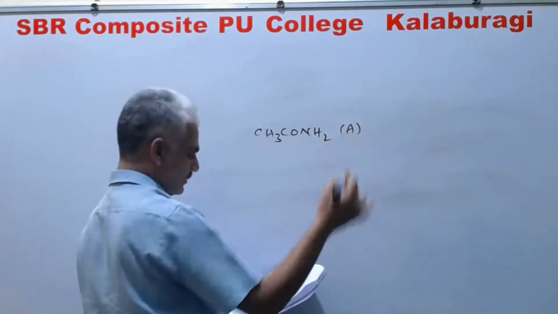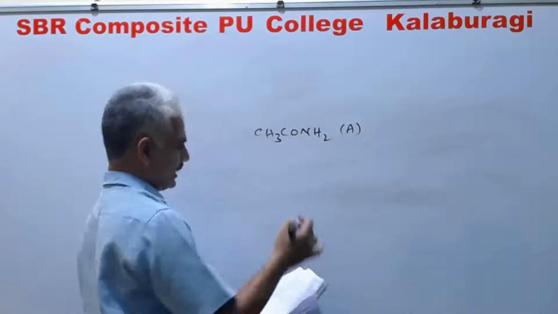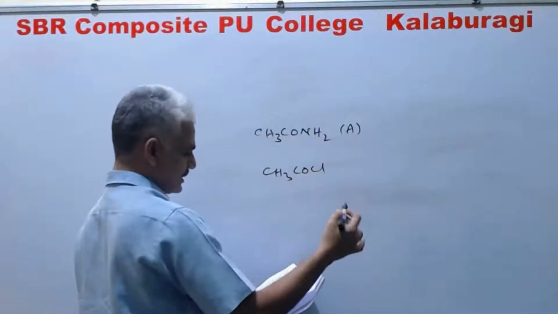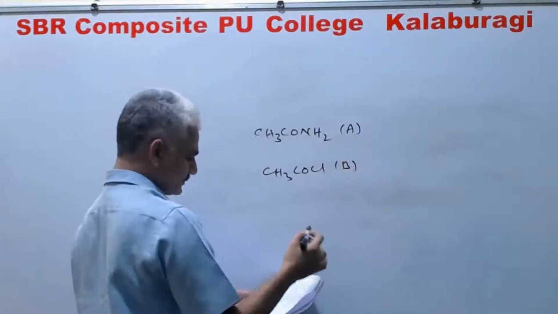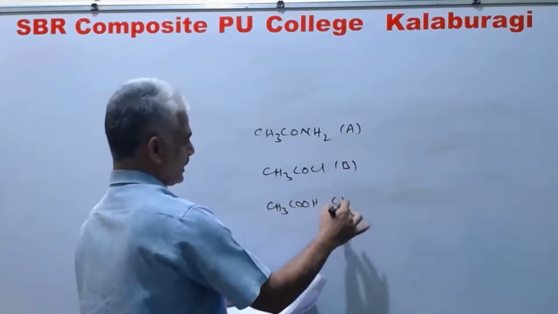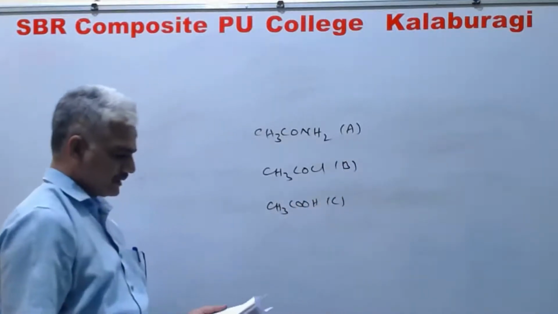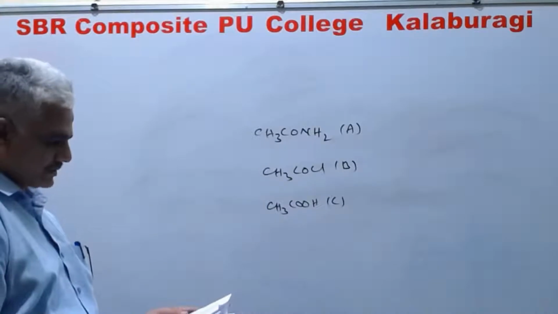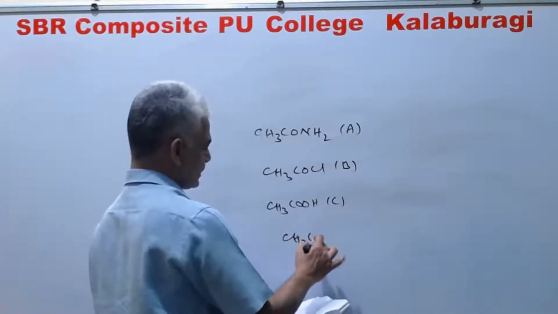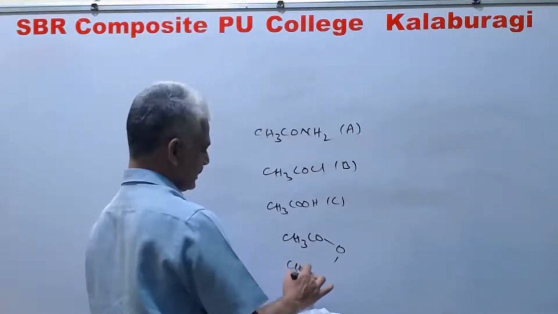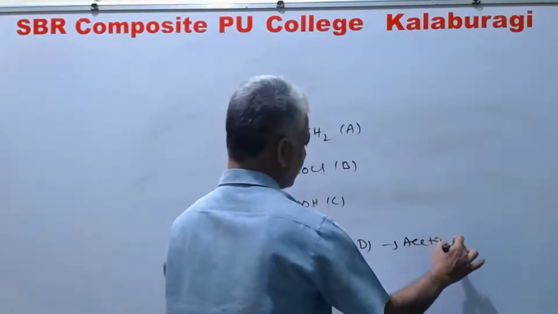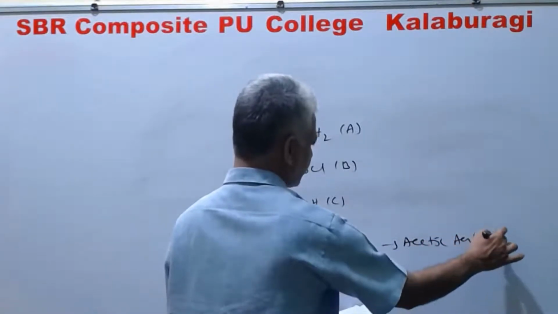This is given as compound A. It is acetamide. Then CH3COCl, acetyl chloride, and CH3COOH, acetic acid. So first we have to check, and one more is also there. That is CH3CO-O-COCH3, that is acetic anhydride.